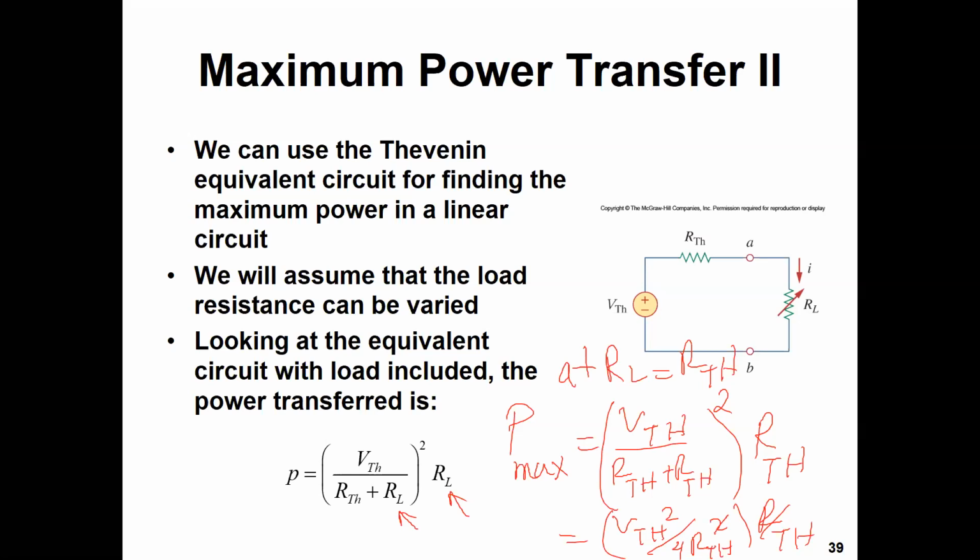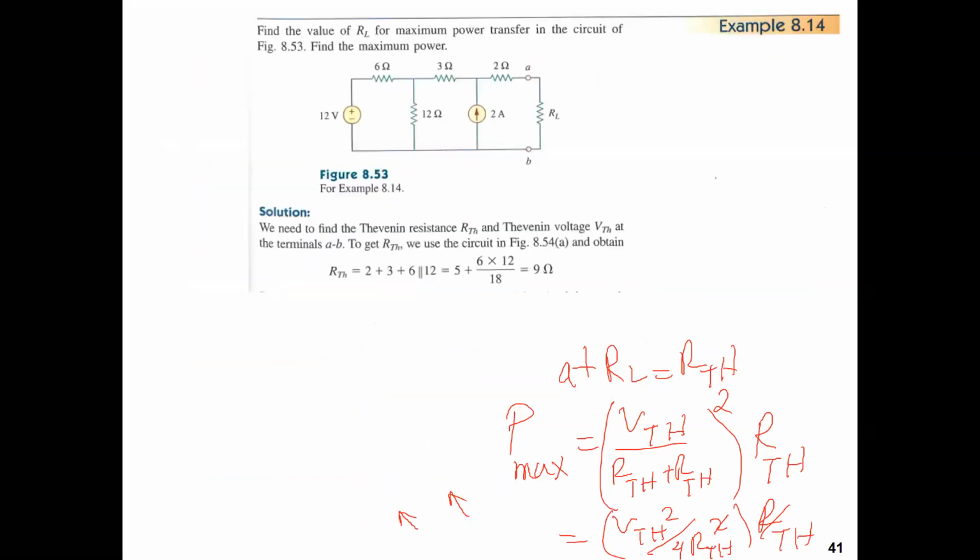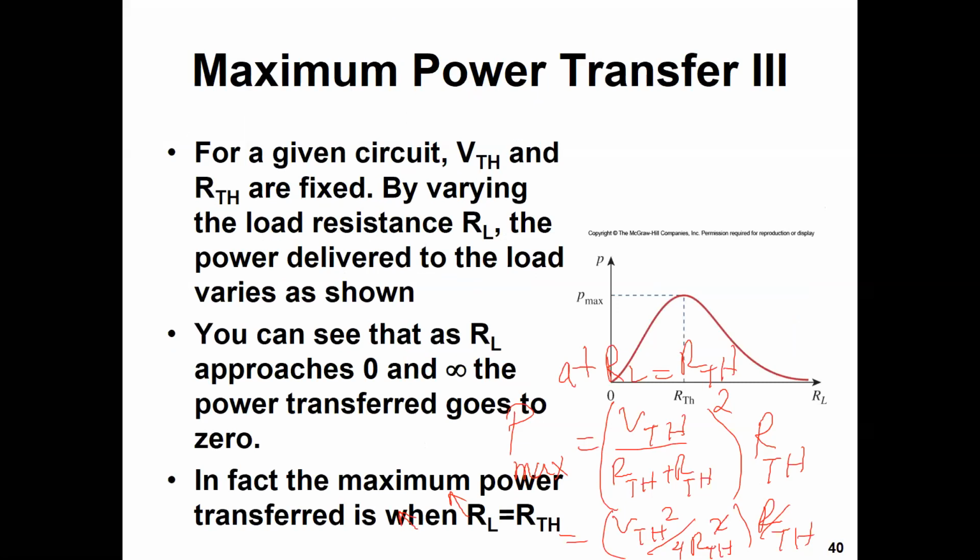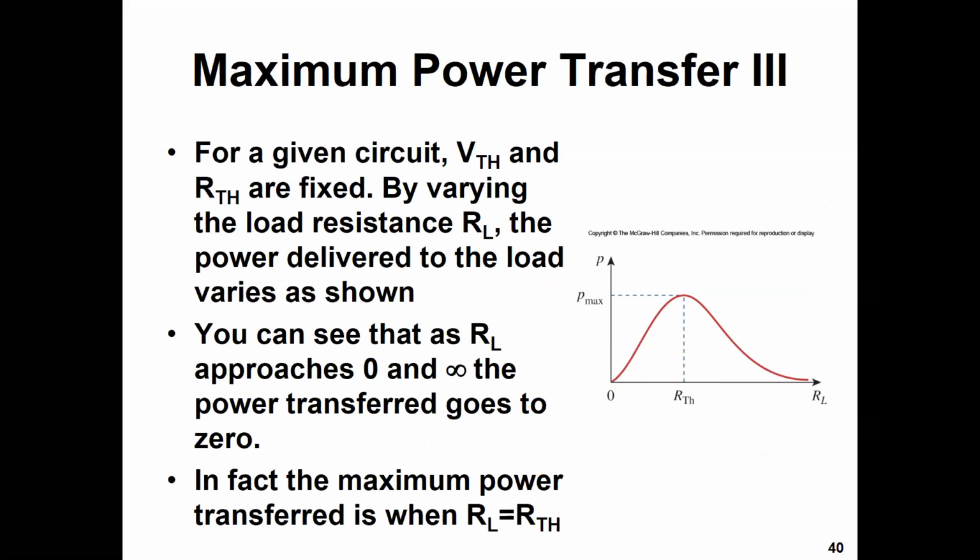Actually, this was not shown in the notes here, but that's what it is. So let's write it down here. P max, when RL is the same as RTH, is VTH squared over 4 RTH.